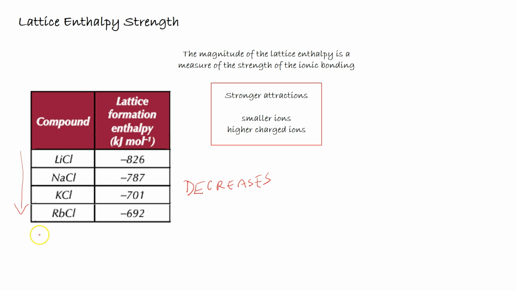So as we go from lithium down to rubidium, the size of the ion increases, and therefore the attraction is less, and finally the lattice enthalpy is also reduced.